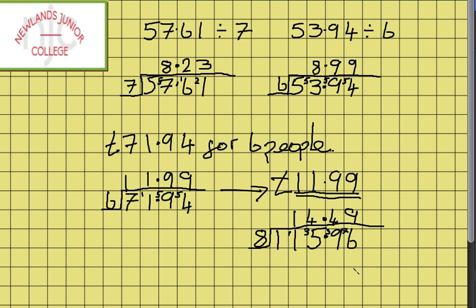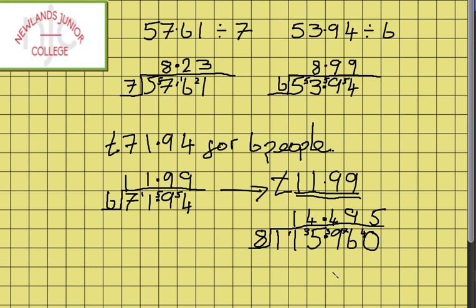We've still got 4 left over. All you do in that case is add a 0 onto the end like so, and carry your remainder over onto it. 8 into 40, well, that goes 5 times. So there's your answer, 14.495.